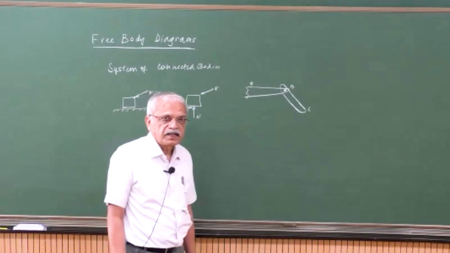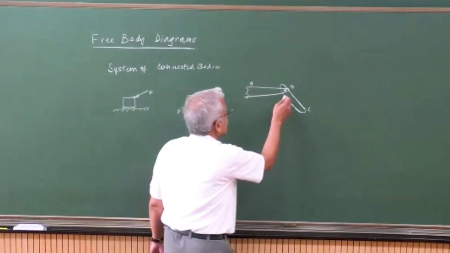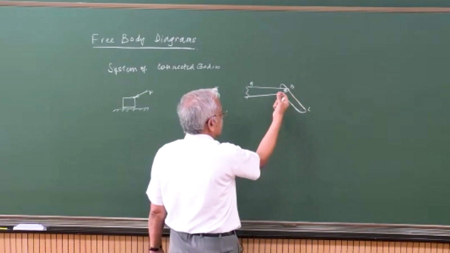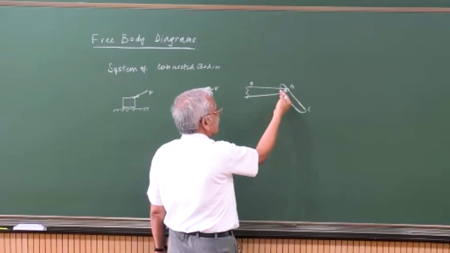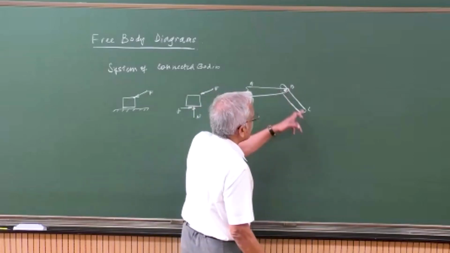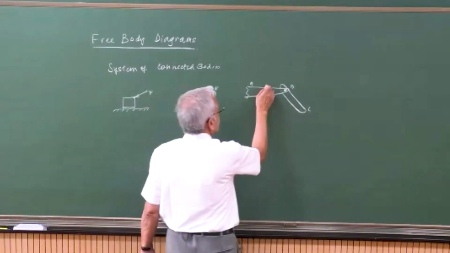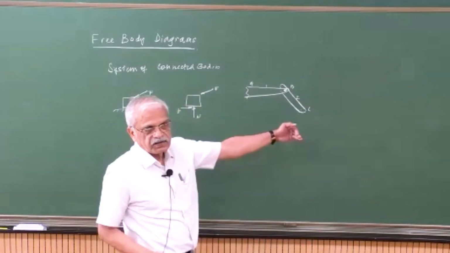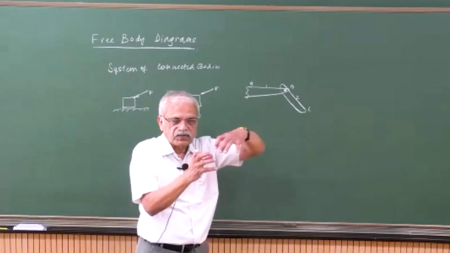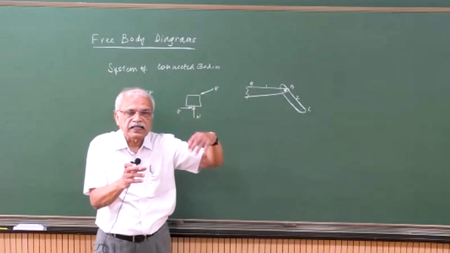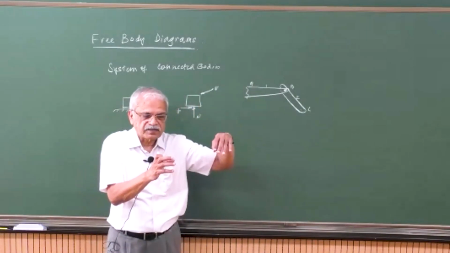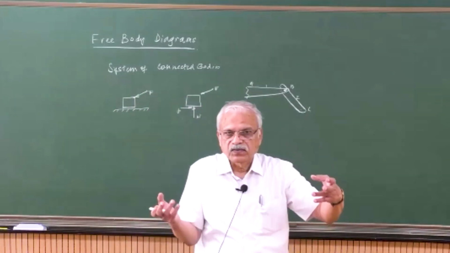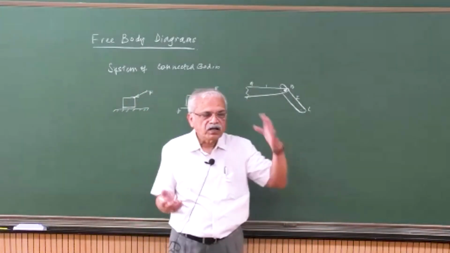This pin may be a protruding cylindrical piece on AB, which goes through a hole in the link 2. So this is link 1 and link 2. We have seen in the last class that because it's a cylindrical surface, at each and every point on the cylindrical surface there is a normal reaction, which is radial. All of them will go through the center.